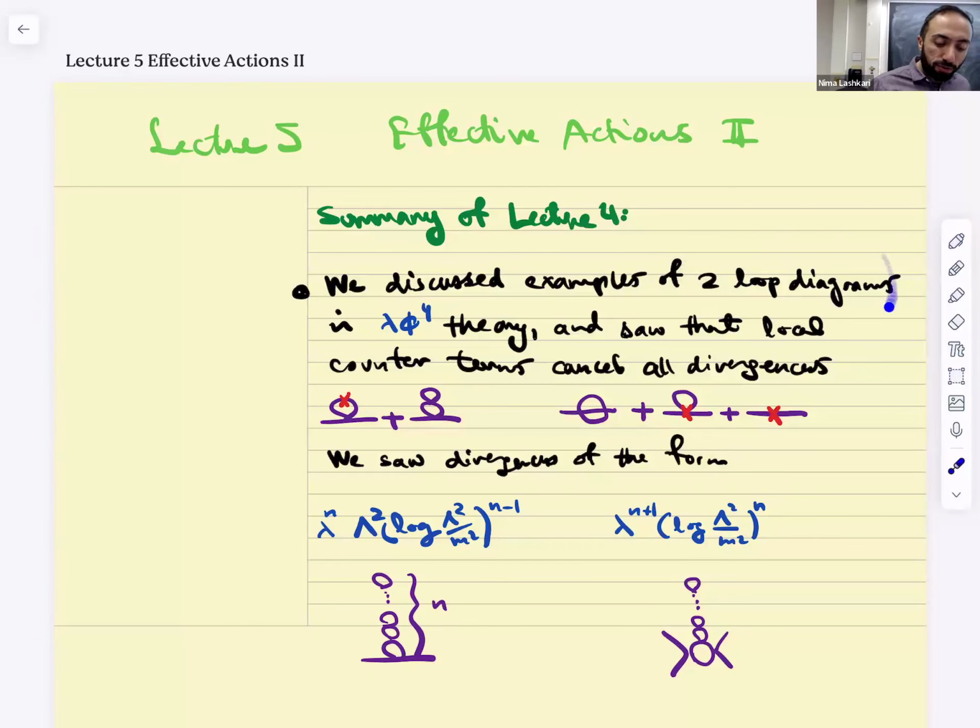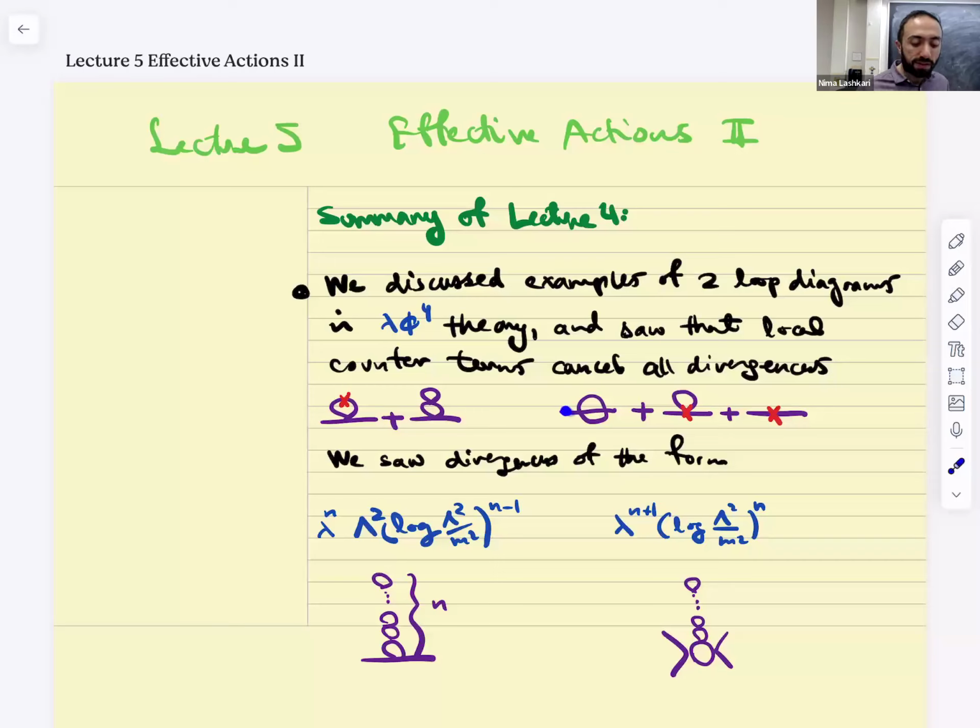So in the previous lecture, we discussed examples of two-loop diagrams in lambda phi 4 theory and saw that local counterterms cancel all divergences. In particular, we talked about this two bubble diagram that contributes to a propagator, and we saw that the counterterm that cancels it is this.